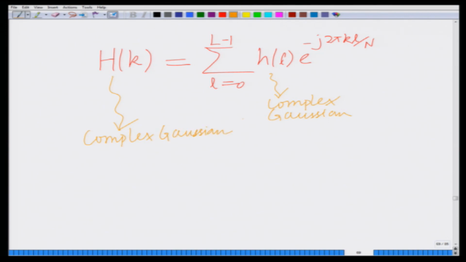The capital H k is also complex Gaussian, which means H k is also Rayleigh fading in nature.